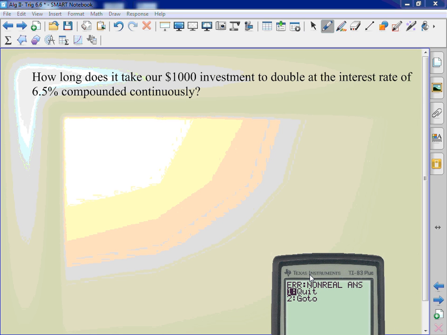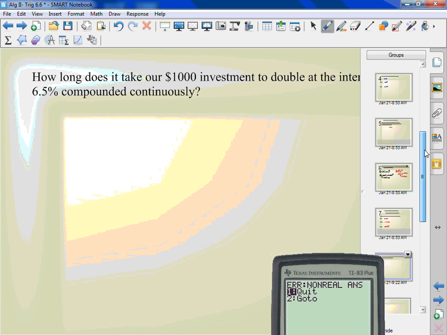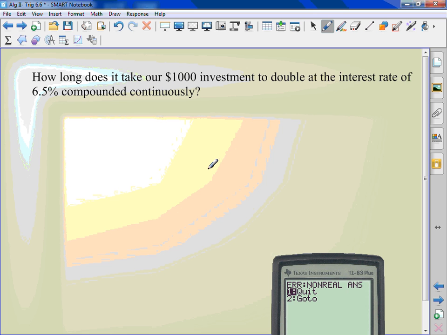This is the type of problems we're going to be doing. How long does it take our $1,000 investment to double at the interest rate of 6.5% compounded continuously? Still the same formula, A equals P e to the rt.